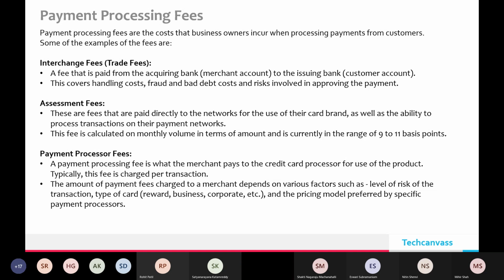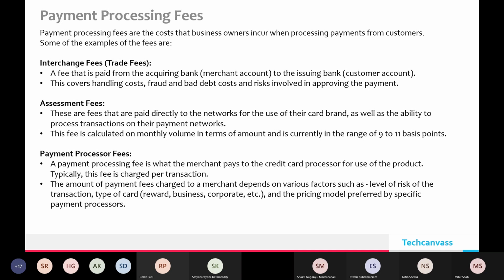The next one is the payment processor fee. The processors in between, from the merchant to the acquiring bank, which is the merchant processor, the acquiring bank processor, or the processor between the issuing bank and the card network. There could be an issuing bank processor.